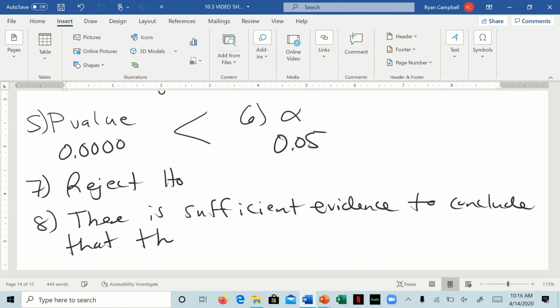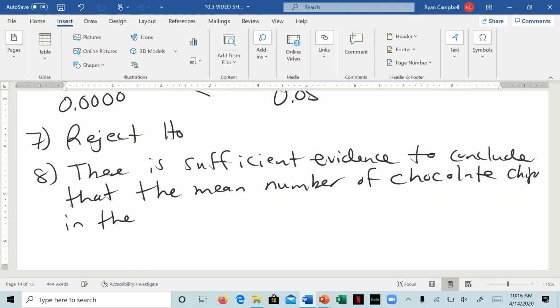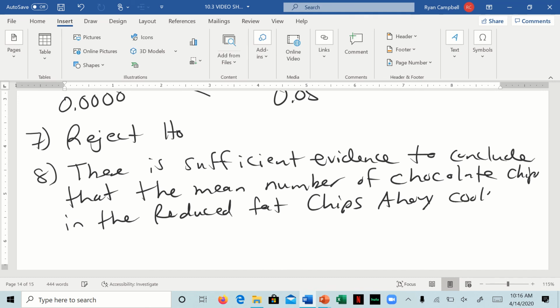That the mean number of chocolate chips in the reduced fat Chips Ahoy cookies is less than 24 chips.